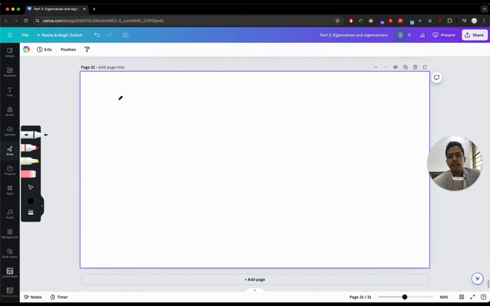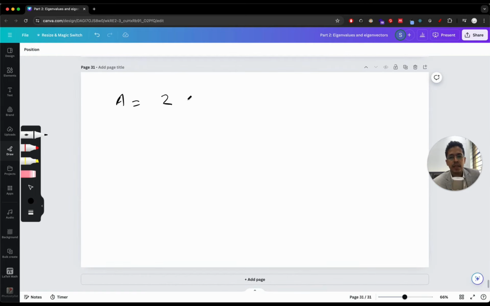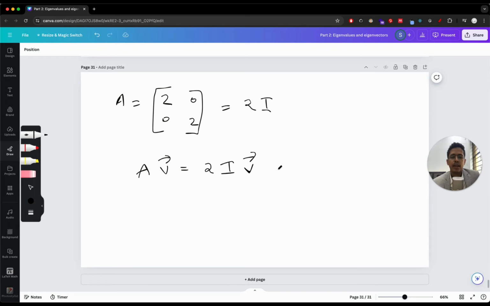What about the transformation matrix being 2 0 0 2? What about this? This we can write as 2 times I. So now AV equals 2 times IV, and this equals lambda V, which is equal to 2V, right?